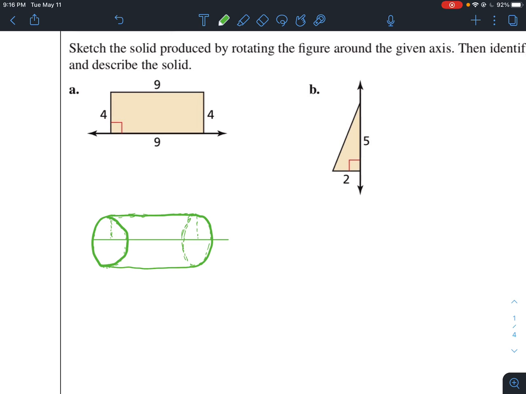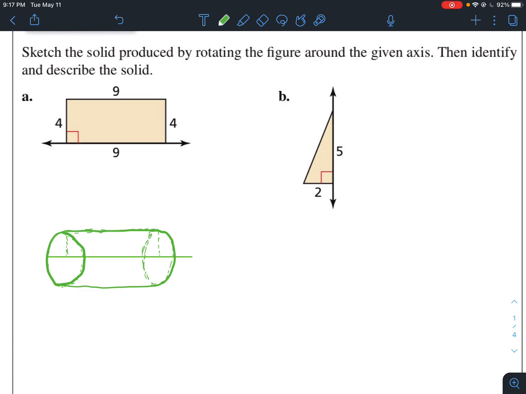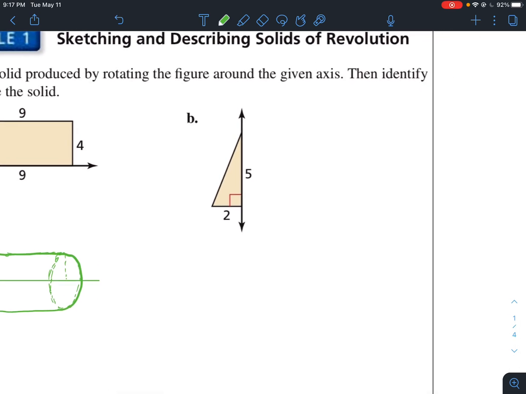The cylinder will have a height of 9 units and a radius of 4. When it says to describe, that's what it's looking for: the units of it specifically.